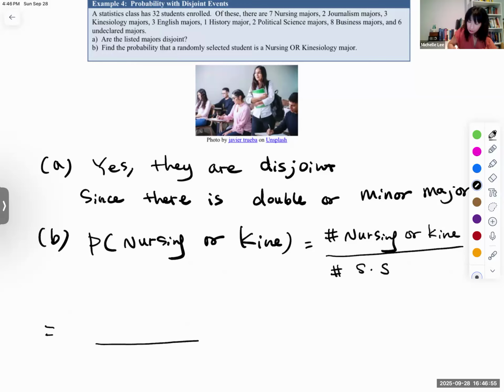The sample space we had earlier is 32. Nursing I can see is 7, plus kinesiology has 3, which is 10 over 32. Can you please calculate? 0.3125. Yeah. Good job.